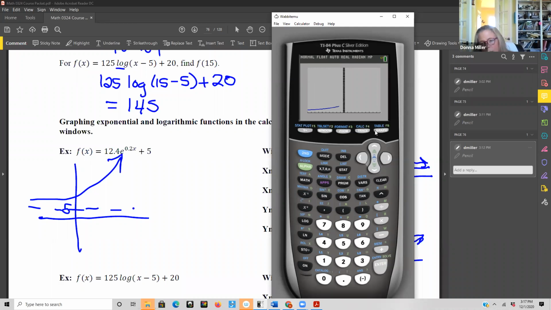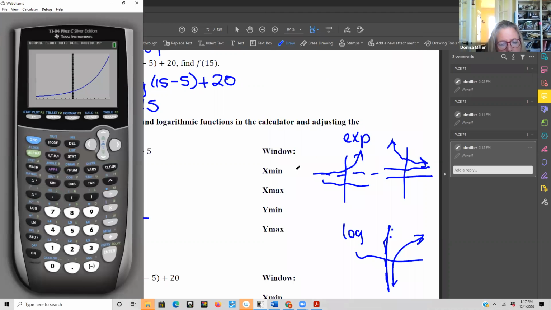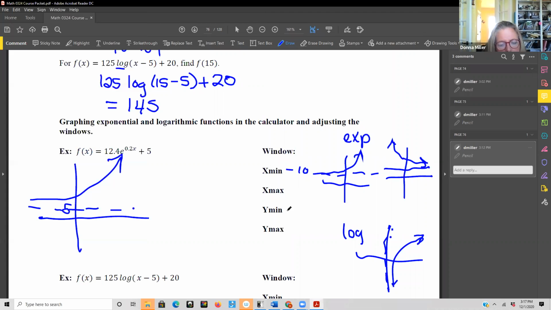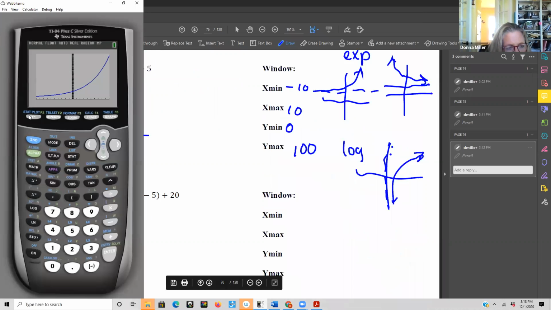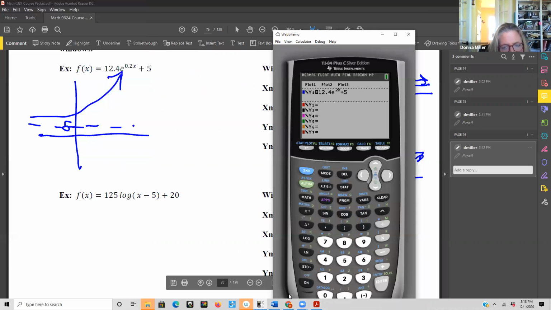It doesn't have to be, I could do anything I wanted there, but that's a nice window. So I did negative 10 to 10 and 0 to 100. All right. So you can graph logs on the calculator, just type them in Y equals. So I'm going to go type this other example.